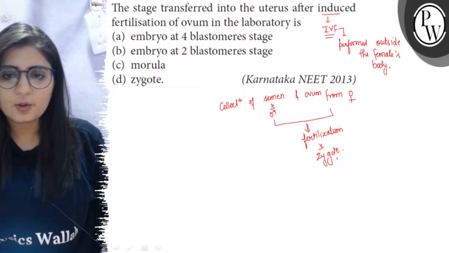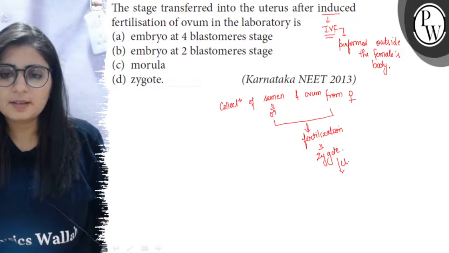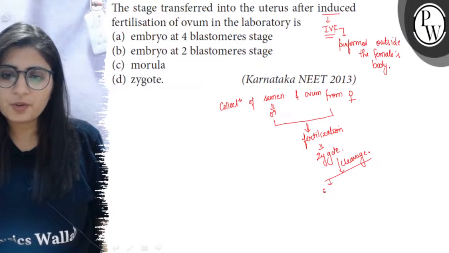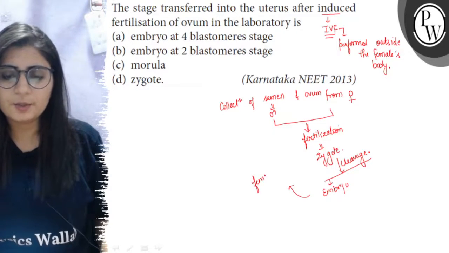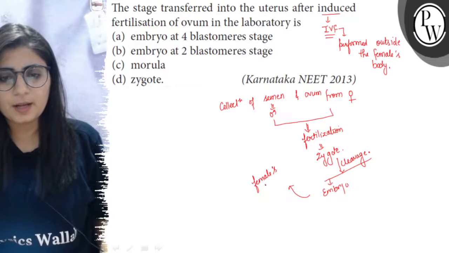Now this zygote is made to divide, and the division here is cleavage, the rapid mitotic division, and it leads to formation of embryo. Now this embryo is to be transferred into the female's body or into the female's reproductive part.